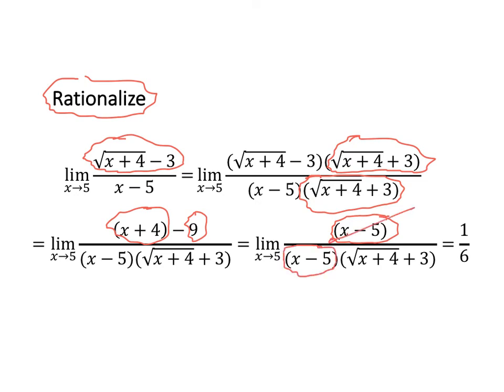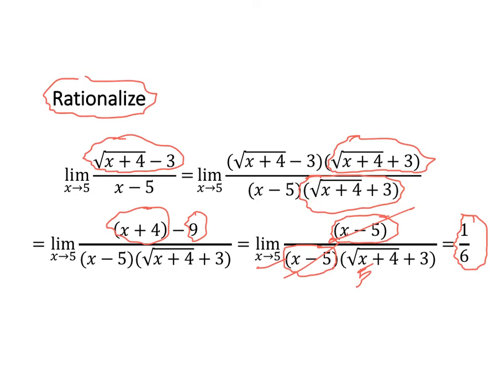So I can cancel those out, and I simply have 1 over the square root of x plus 4 plus 3. Now what happens if I plug in x equals 5? I have 5 plus 4, which is 9. The square root of 9 is 3. 3 plus 3 is 6. My final answer is 1/6.